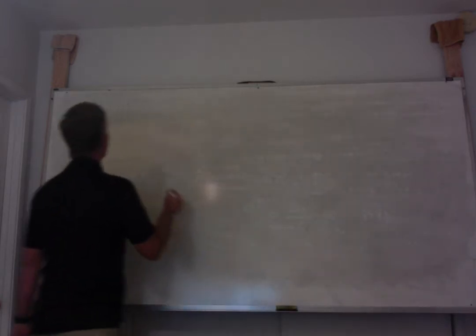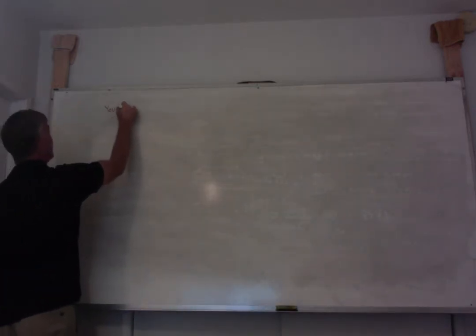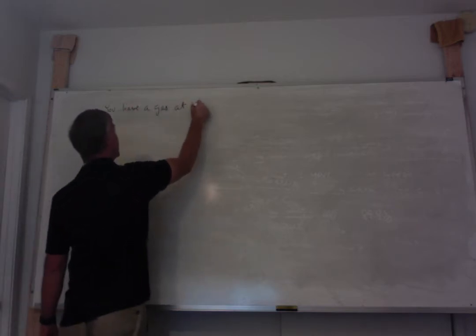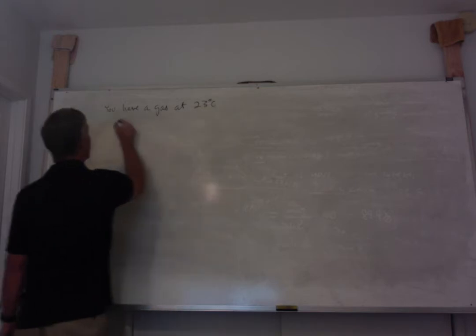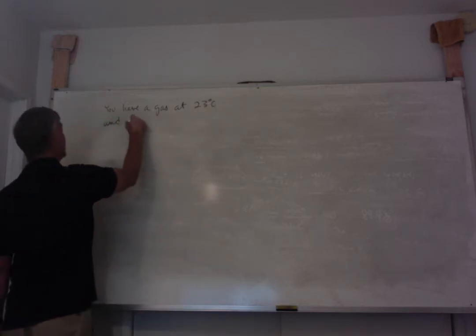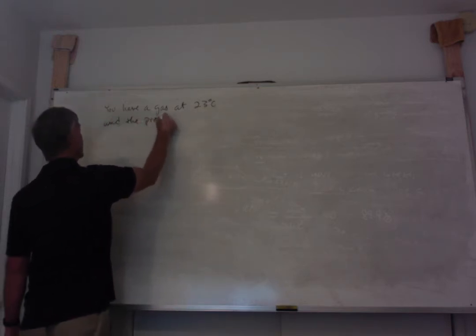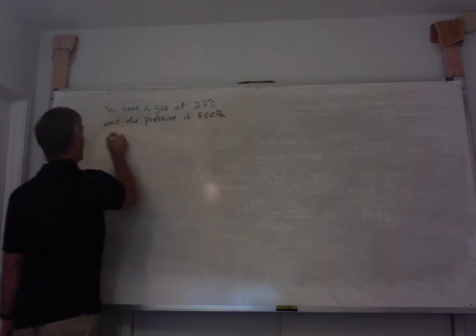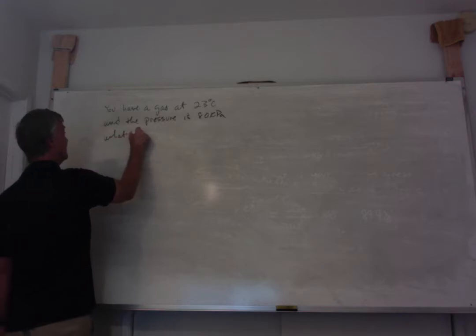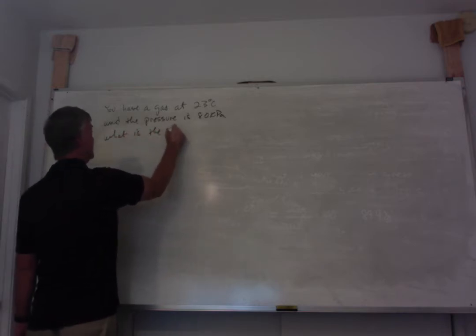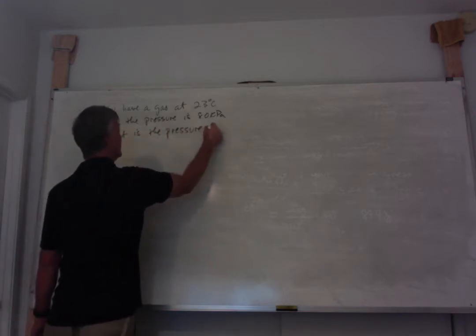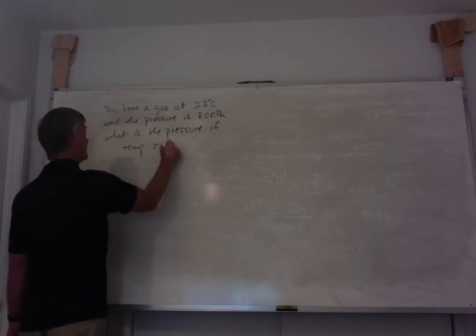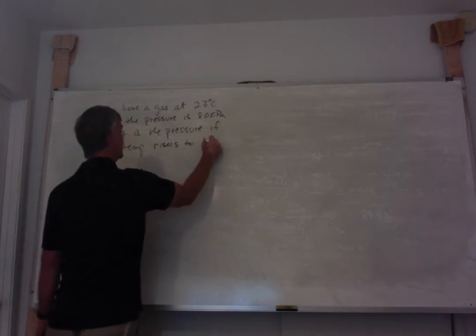So let's say you were told you have a gas at 23 degrees Celsius and the pressure is 80 kilopascals. What is the pressure if the temperature rises to 100 degrees Celsius?